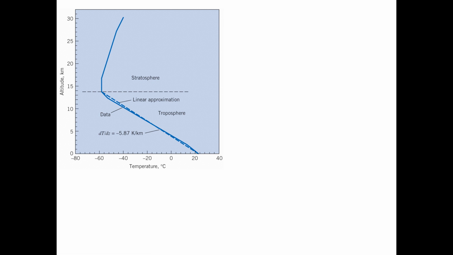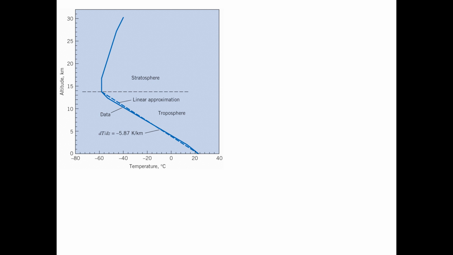The lapse rate is the general relationship between a decrease in pressure that occurs, a decrease in temperature that occurs as you go up through the atmosphere. And what causes this is the fact that as you move up through the atmosphere, there's less pressure.